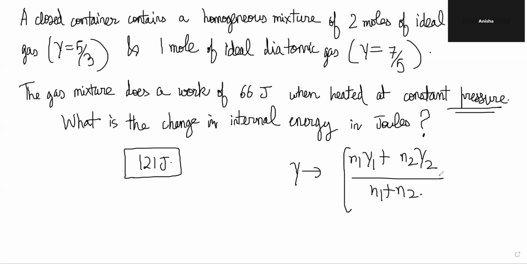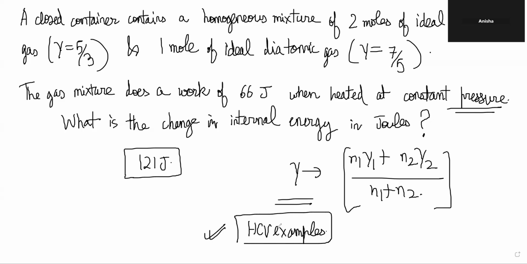This type of situation has been shown in HCV examples in the thermodynamics chapter or KTG chapter, one of them. Just go through the examples once, at least see what he is explaining, how you get the mixture's gamma. Once you get the gamma of the mixture, it's the same thing.